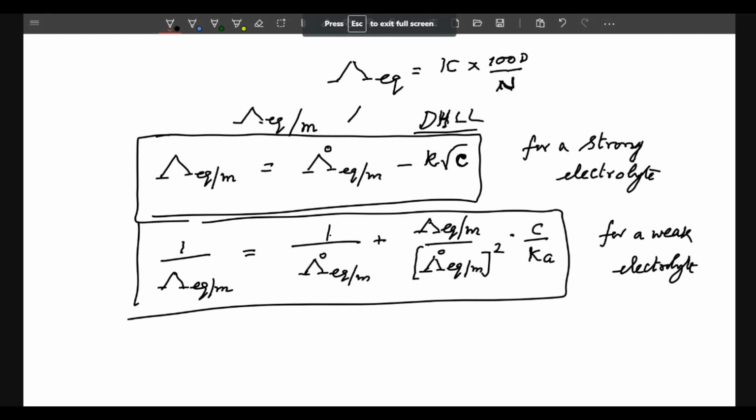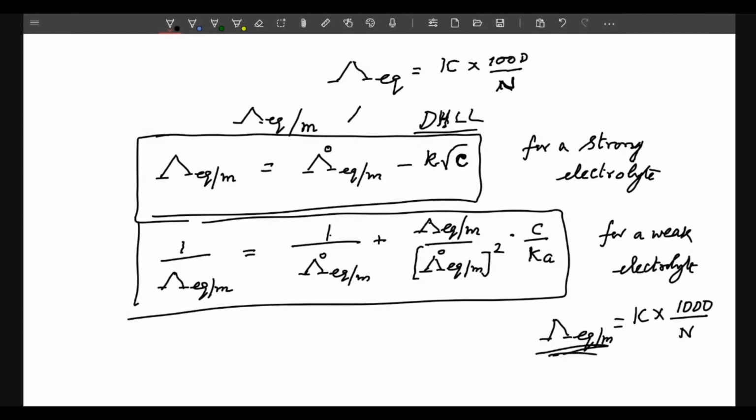As usual, take the specific conductance of the solution using the conductivity cell at various concentrations. You can calculate this using kappa into 1000 by N, normality, or R divided by molarity, to get the equivalent conductance.